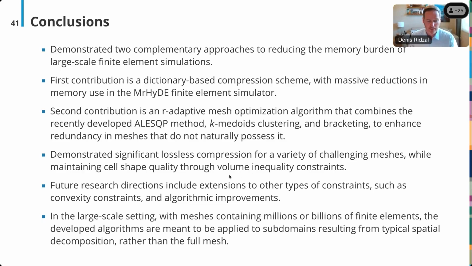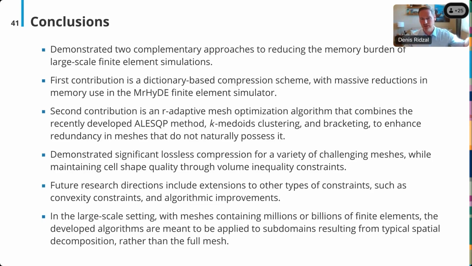And then finally, a note on the super large scale setting. When you have meshes that contain millions or billions of finite elements, these algorithms are really meant to be applied to subdomains that result from typical spatial decomposition rather than the full mesh. You probably don't want to try to compress a mesh with 100 billion cells.